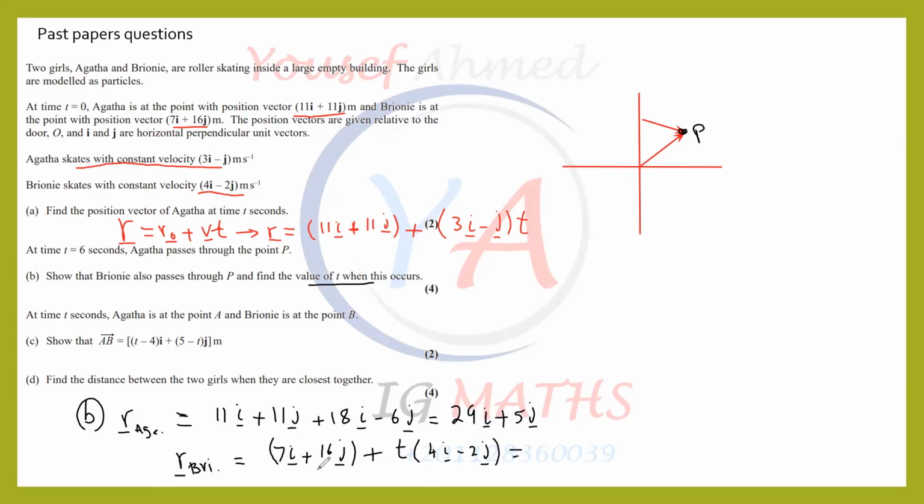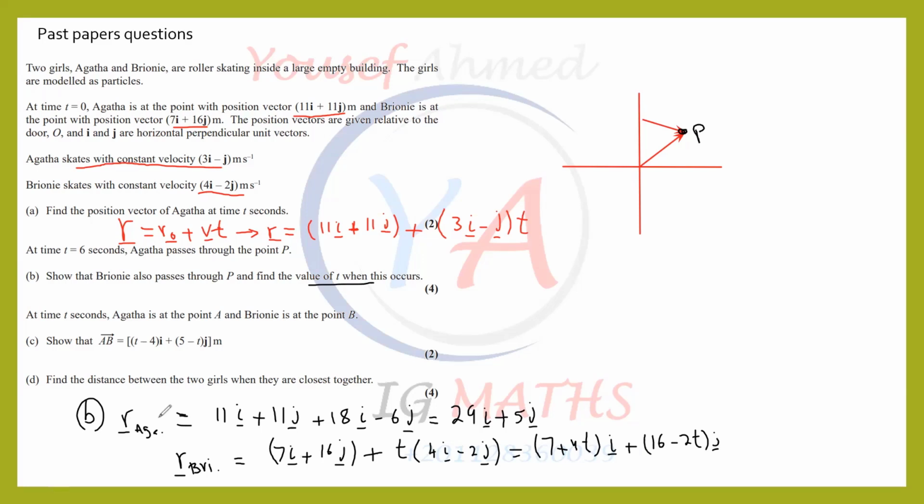We can write the position vector simply, expanding t: 4 times t is 4t, so it will be (7 plus 4t)i added to (16 minus 2t)j. This is the final form for Biruni's position vector.